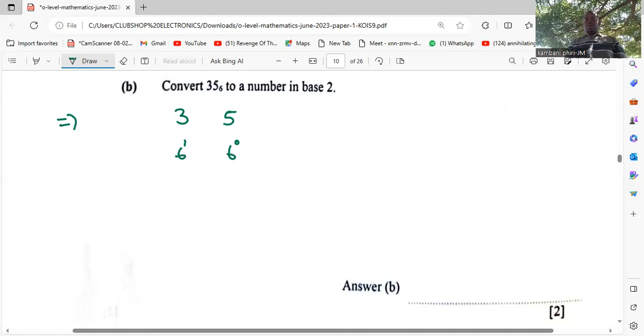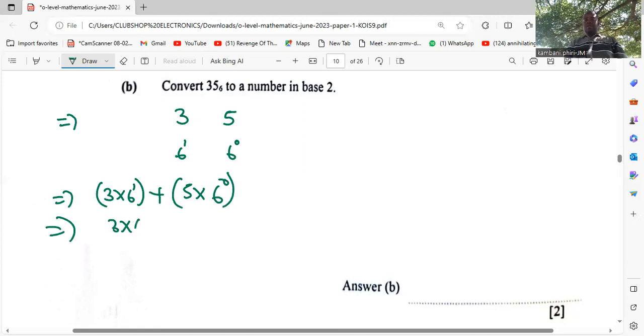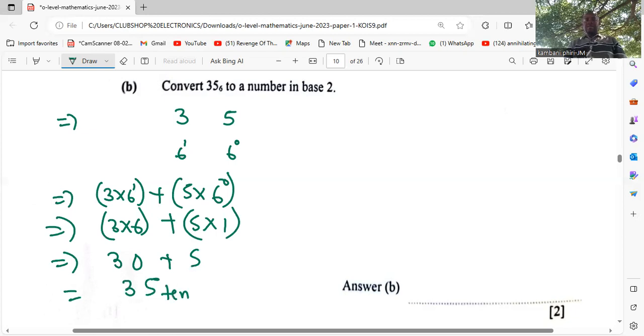So we have 3 times 6 to the power 1 plus 5 times 6 to the power 0. This will be 3 times 6 plus 5 times 1, so 30 plus 5. We get 35. Now this is in base 10.